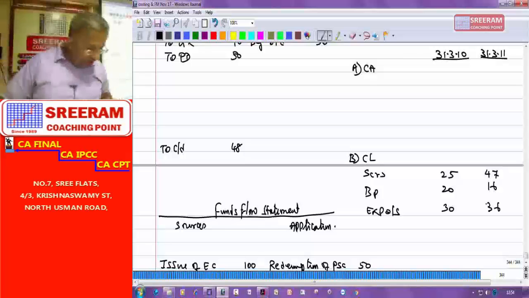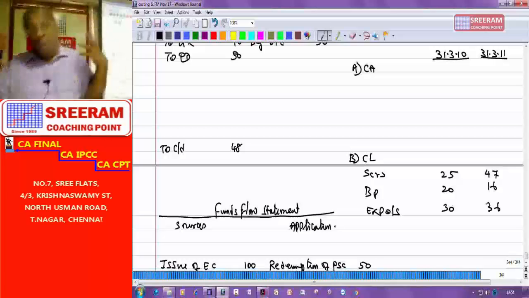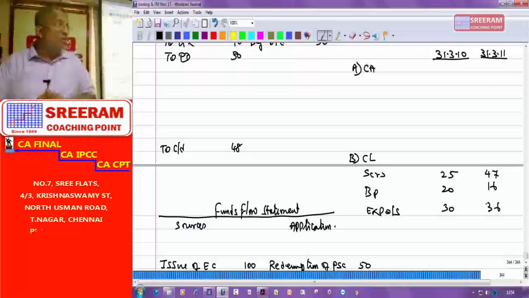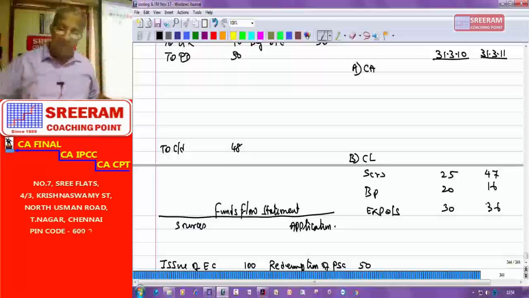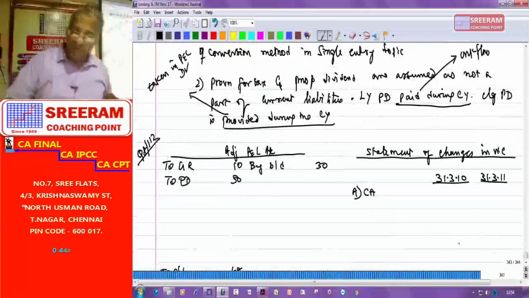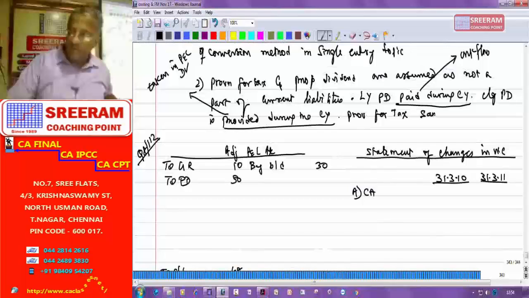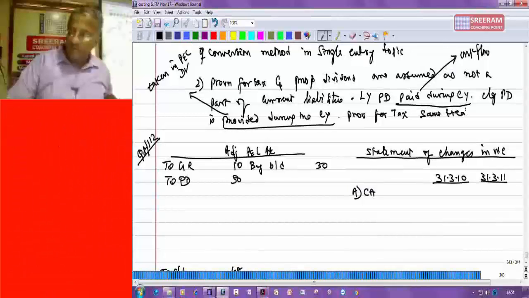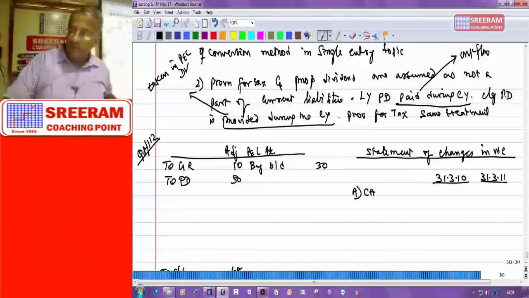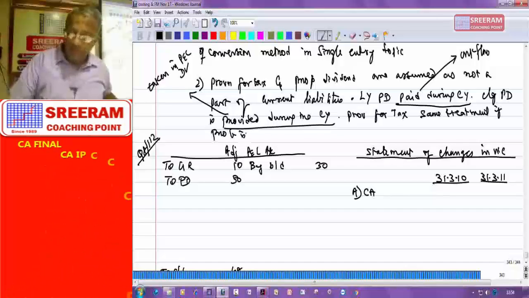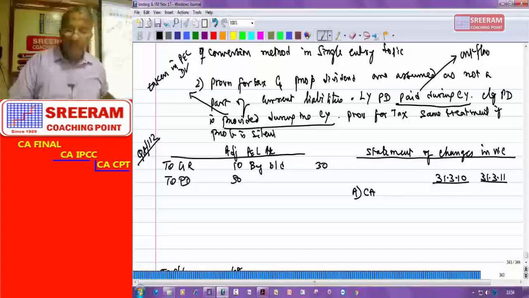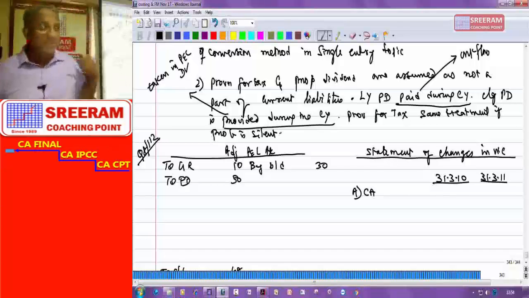Then, regarding this provision for taxation, nothing they have mentioned. So, same treatment like proposed dividend. If the problem is silent, what should we do?